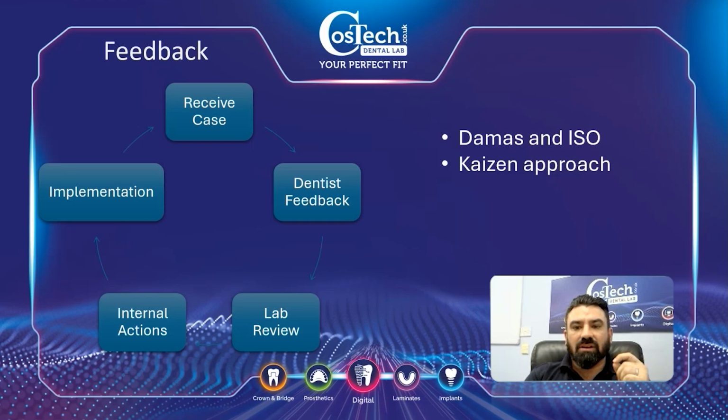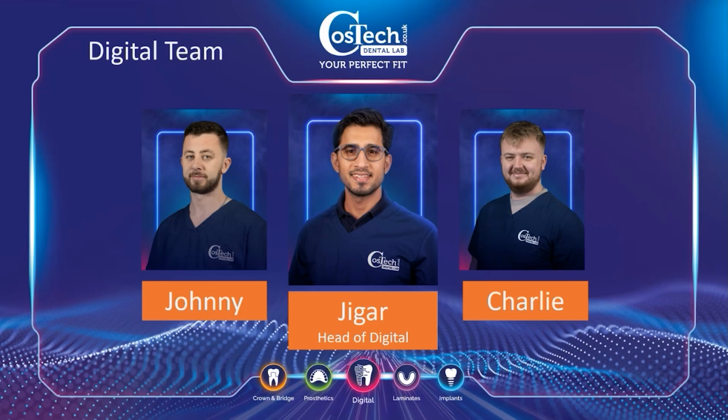The team, a lot of people, because we're in the lab and you never get to see us, I thought I'd just introduce a few of the team. So these are the main people that you'll probably be dealing with on the phone. On the digital team, we've got Jigger, Johnny and Charlie. They are looking after scans when they come through, checking that everything's okay.